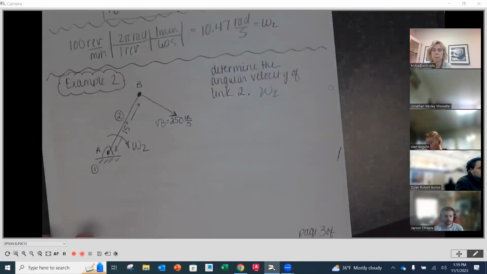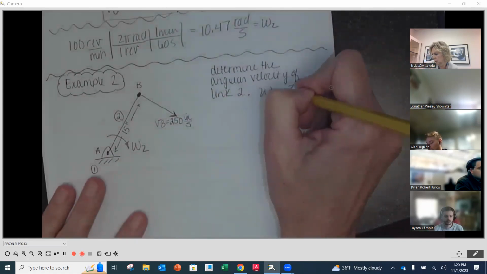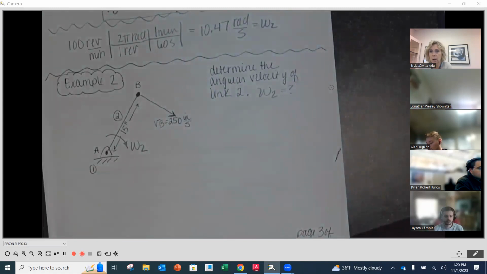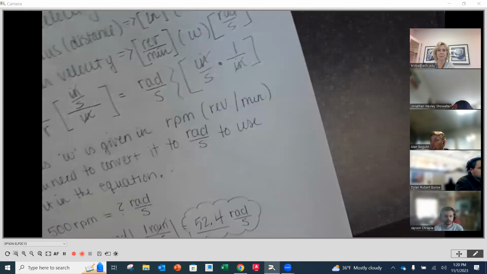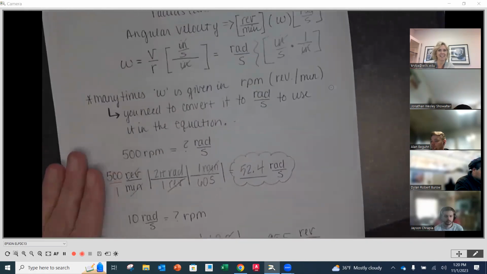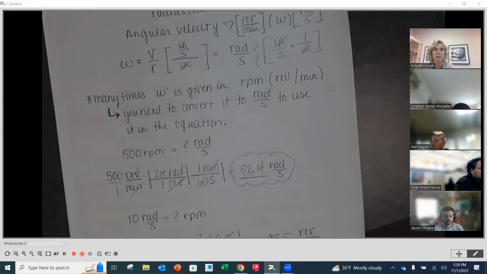Okay. So W2 is what we are solving for. What's the equation that I'm going to use for this? I said the equation, not the numbers. Yes, you have to write your equation in variable form first. I want to know what you're doing.